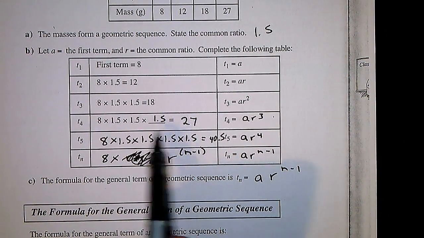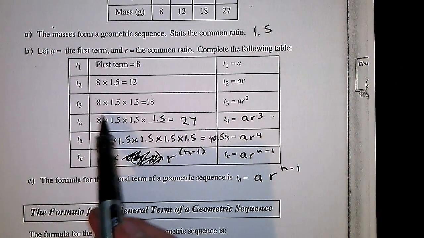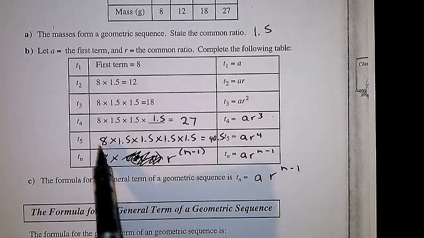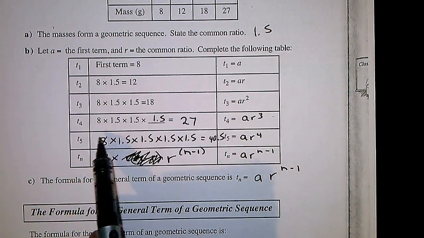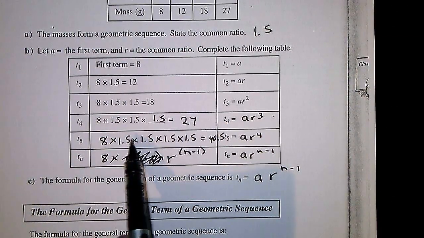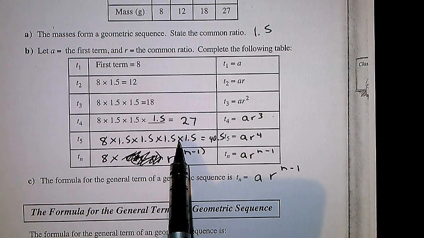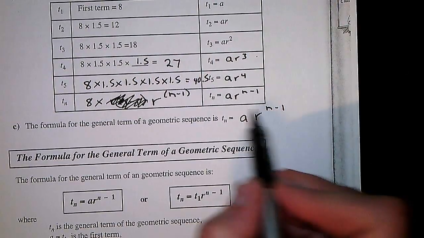So how that looks on day 4 is you're multiplying the value of A, that first term, by 1.5 three times. On day 5, you're multiplying that initial day's mass by 1.5 four times. So we're always multiplying by the common ratio the term number minus 1 times.